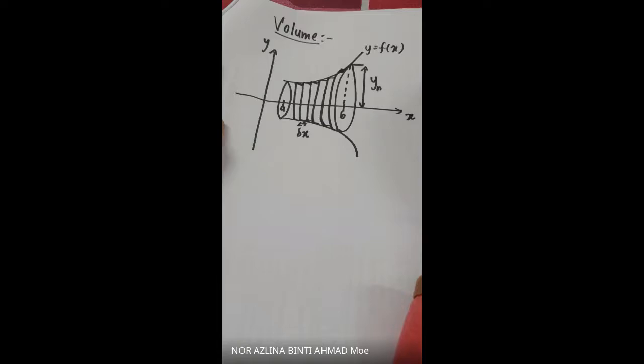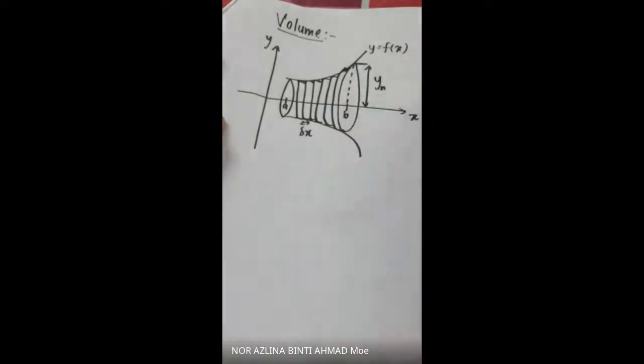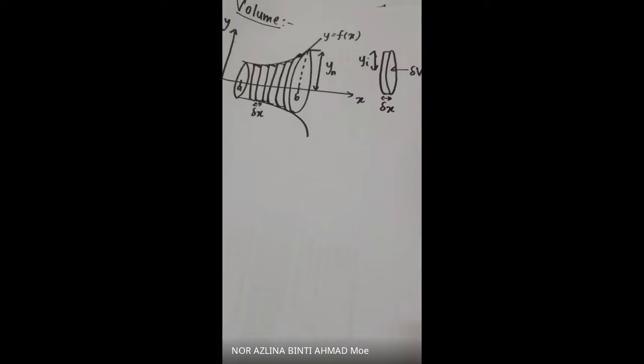Katakan ini adalah delta Vi, perubahan isi padu. I ini maknanya dia yang pertama, kedua, ketiga. Yang ini adalah yi, tinggi y, jejari. Tinggi silinder adalah delta x.